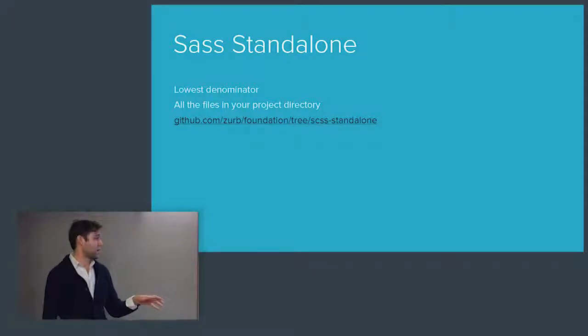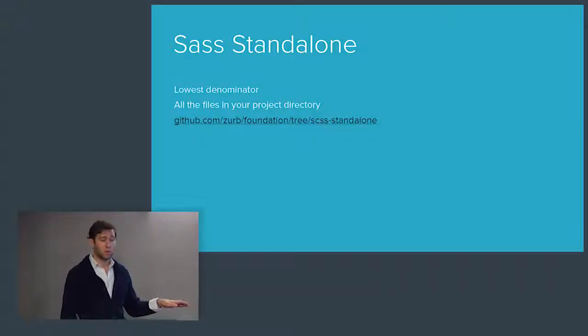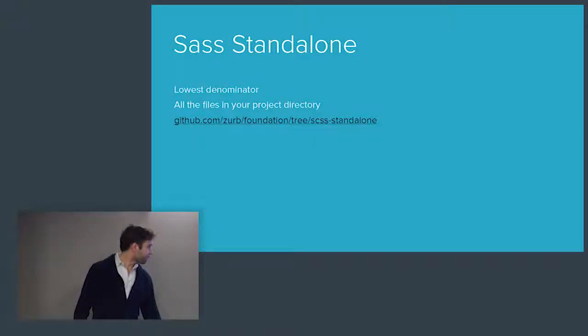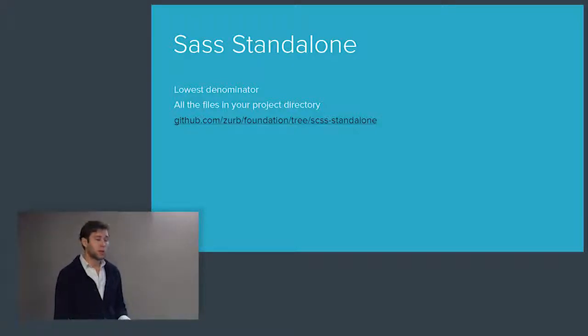It's not recommended because if you want to update Foundation later or change something, or if you mess something up, it's going to be a lot harder to fix. But the best practice is to override these settings rather than edit them directly. And you can find this in the Foundation GitHub repo. Just change the branch to SCSS Standalone, and you'll be able to download just the Sass and JavaScript.